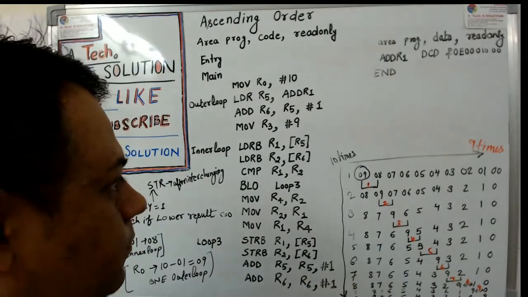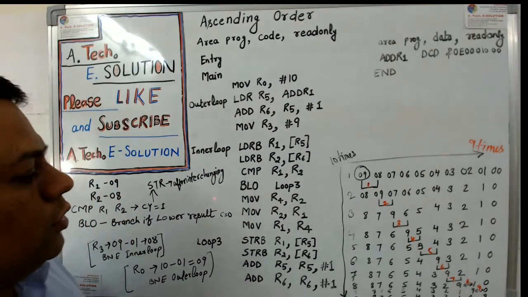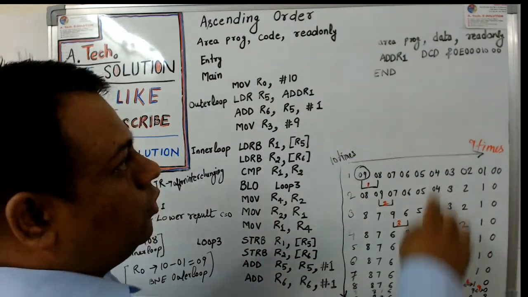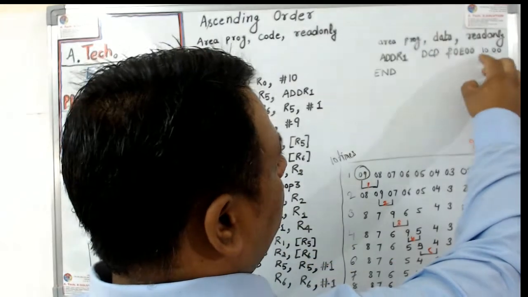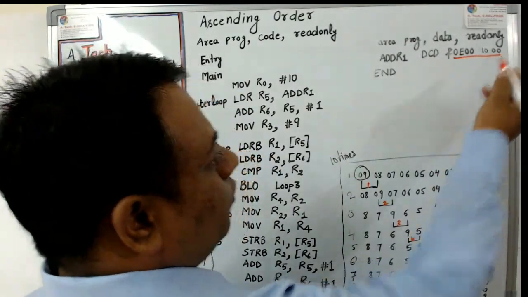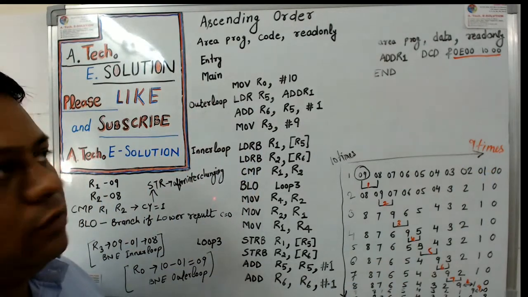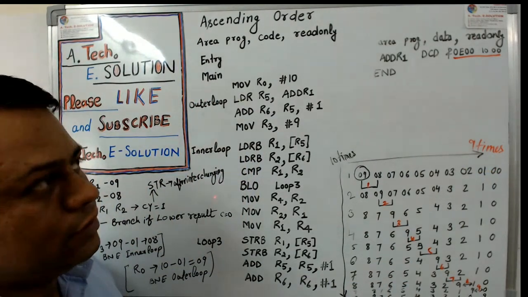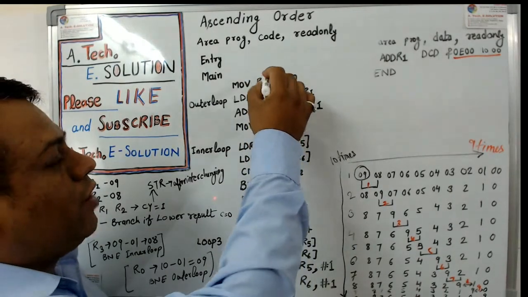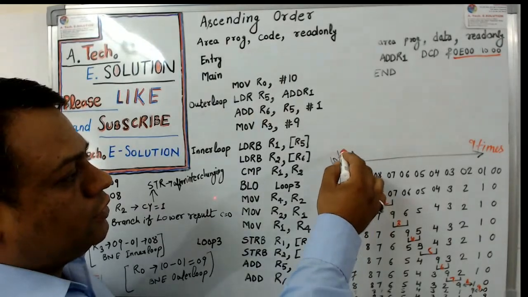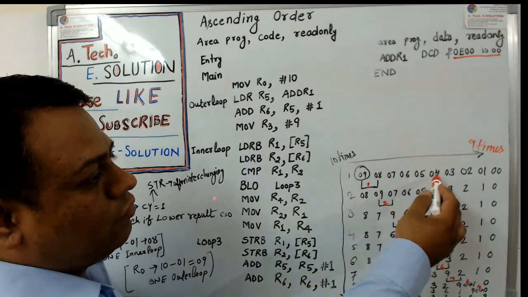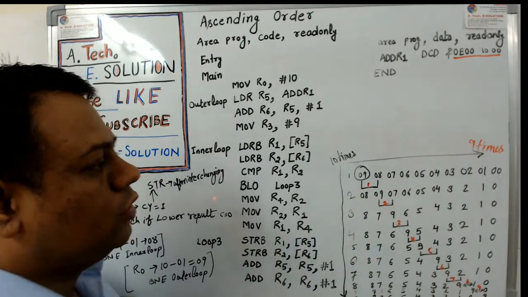So here we take a memory location 0E001000. This is our memory location where we have placed our 10 numbers. Initially we define these 10 numbers like this: 9, 8, 7, 6, 5, 4, 3, 2, 1.